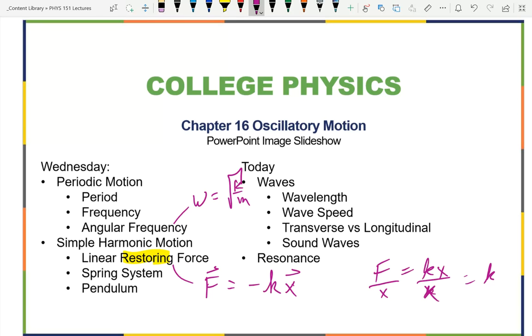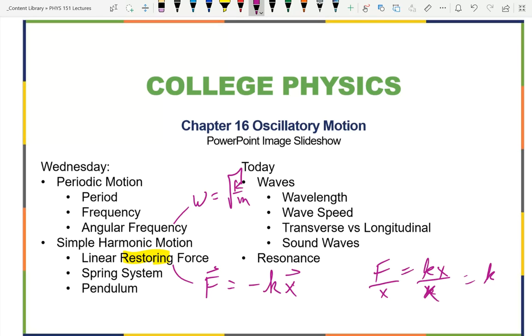Now with a pendulum, there is no spring, right? But it has a restoring force, and that restoring force is approximately linear. Remember, for simple harmonic oscillation, it has to be a linear restoring force under one special condition. What's the special condition where the restoring force for a simple pendulum is linear with displacement?